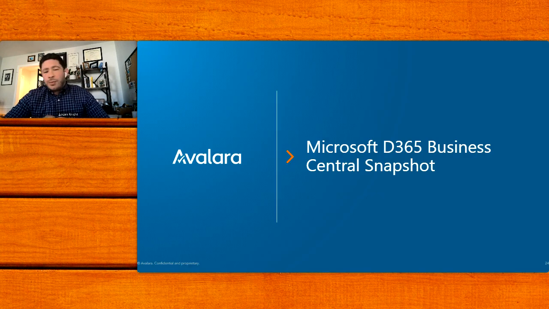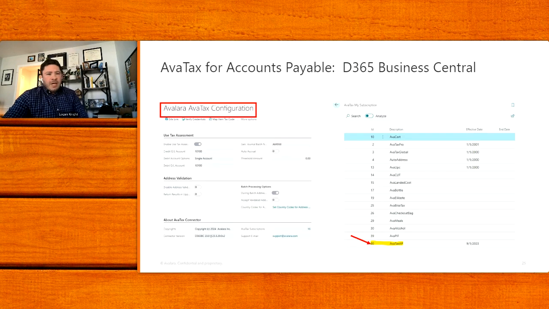Okay, so the first one we'll look at here is the D365 Business Central. So what we've done is Avalara has now created the accounts payable entitlement.